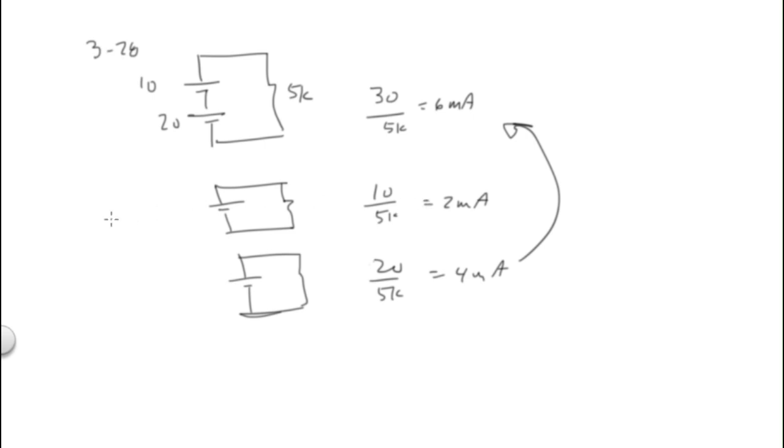Okay, 329. For figure 328B, find I. This one's a little more stressful because you really don't know, but you do know. This is 20 going in one direction, and you got 10 going in the other direction. So you got 5K, and I've got 10 volts going in the other direction. The 20 and the 10 would be like 10 pushing in that direction.